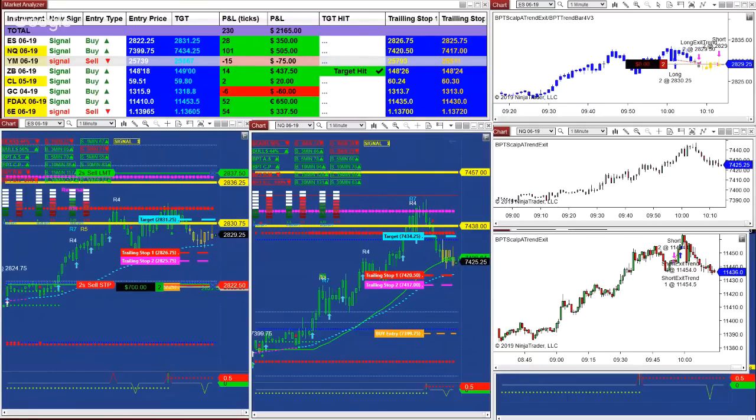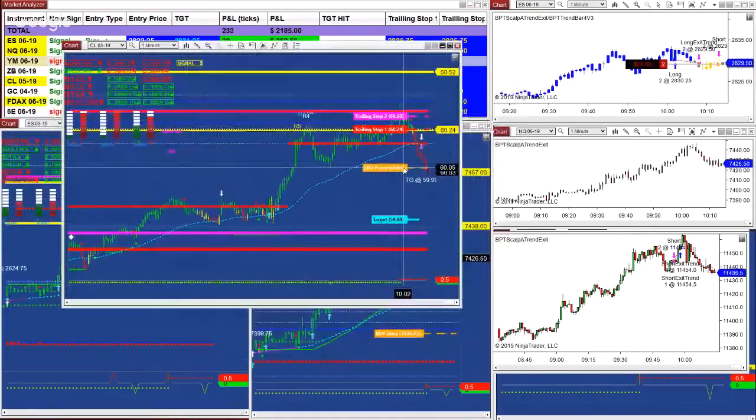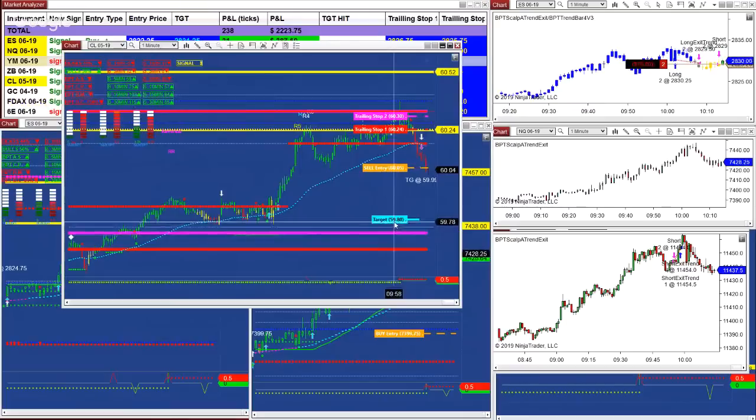Well, I missed by one tick. The signal says 60.05. I told you guys 60.06. And the target is 59.80, folks. 59.80 is your target, and don't be aggressive with it. Nothing is going to happen below 59.80 at the moment, you know.